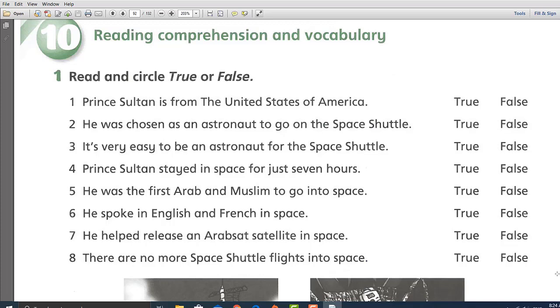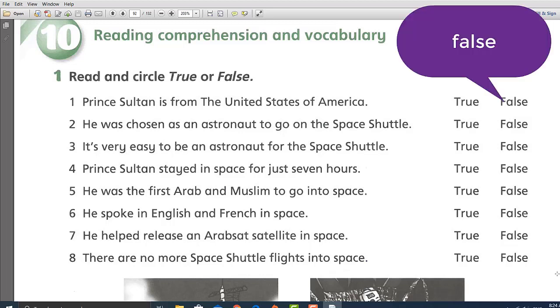Number 1. Prince Sultan is from the United States of America. Is it a true or false sentence? You remember, Prince Sultan bin Salman, is he from the United States of America? Of course, false. This is a false sentence.